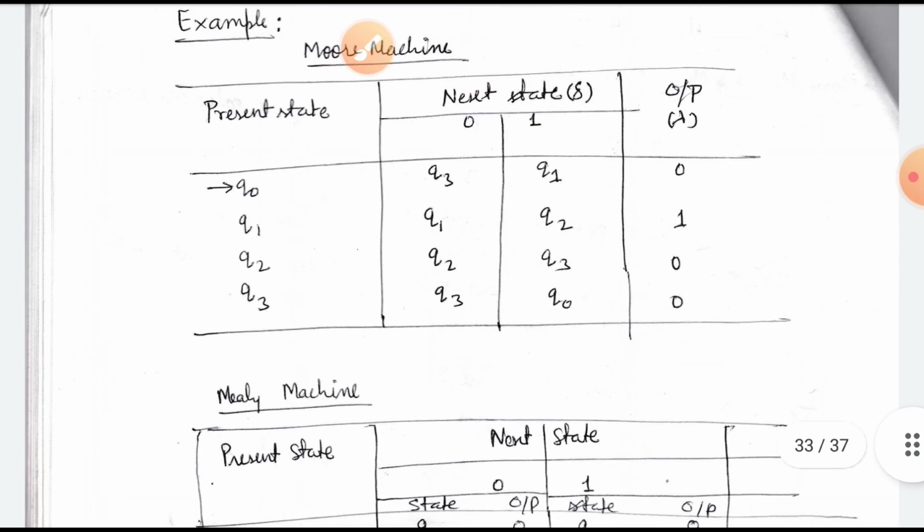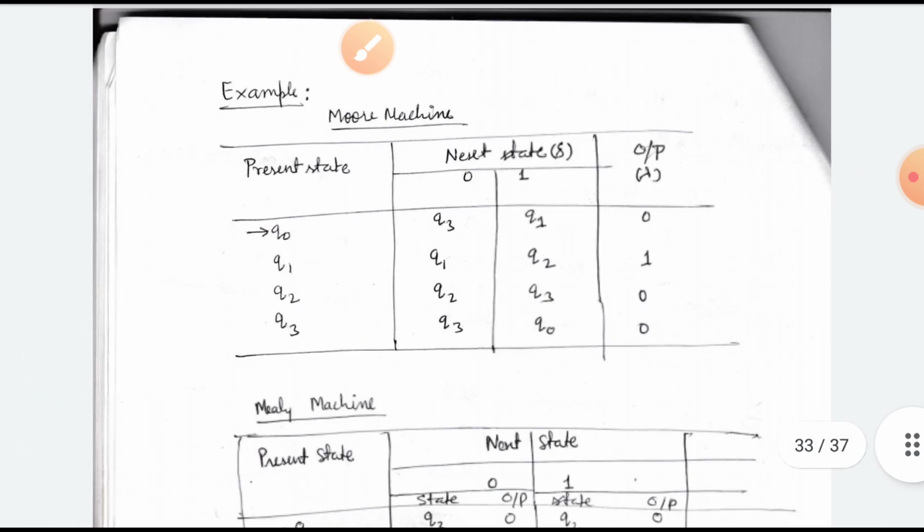There is a table representation of the Moore and Mealy machines. In the Moore machine we will have 4 columns. The first column is the present state, then 2 sub columns regarding the next state for a particular input alphabet, and the last column is the output alphabet or output.